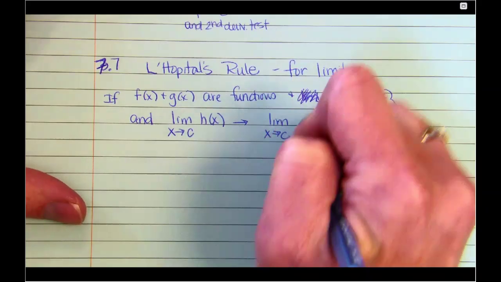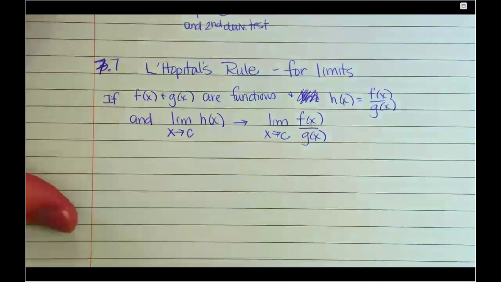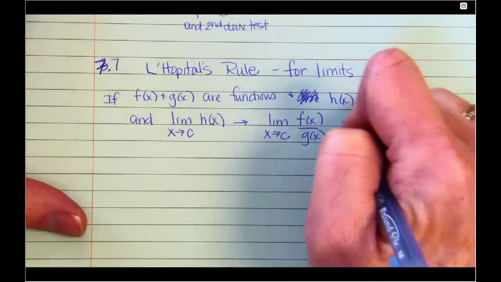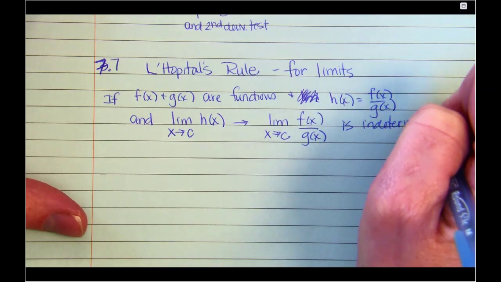I'm going to translate this to English for you. It's very mathematical is all.